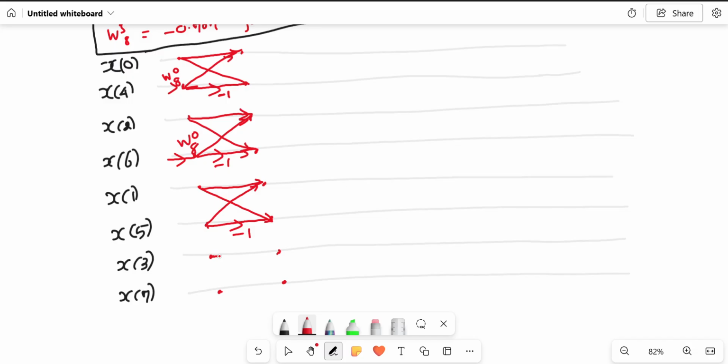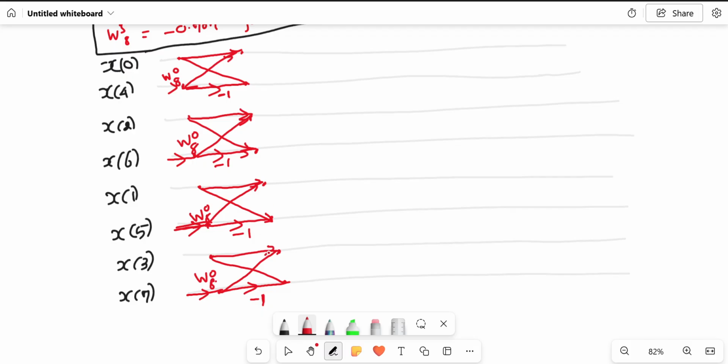Another 2-point butterfly computation for x of 3 and x of 7. All the lower wings should have minus 1, and W0 of 8.